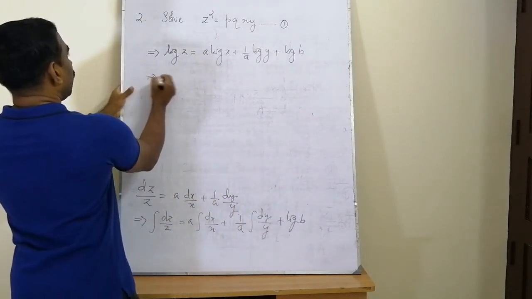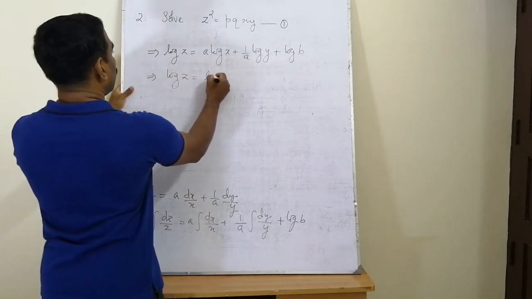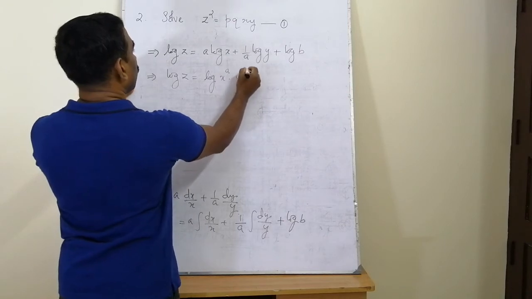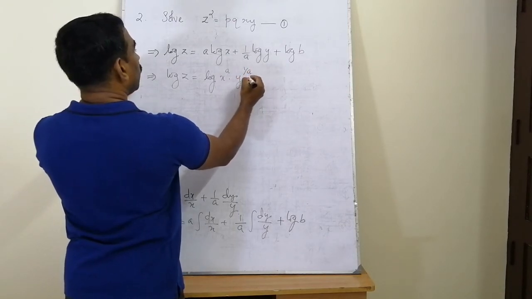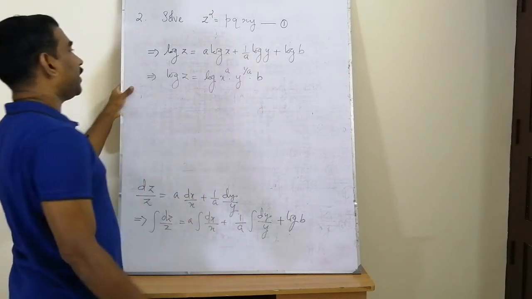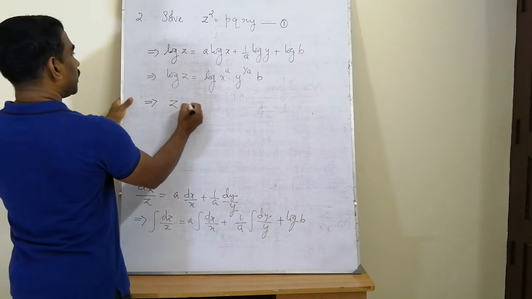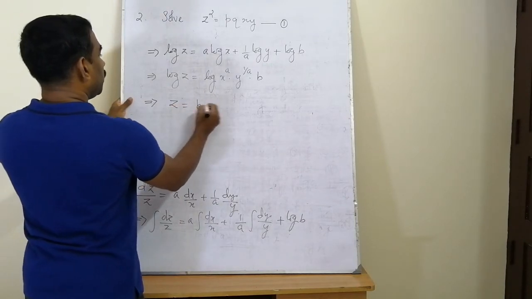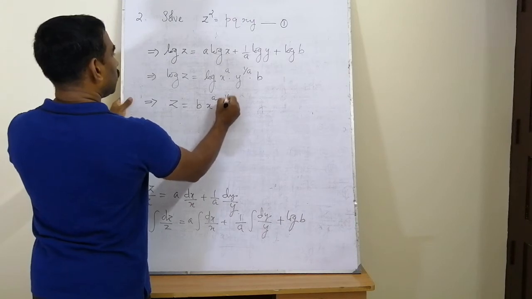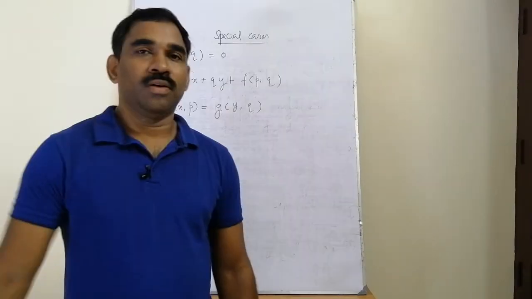Now applying the property of logarithm, log z is equal to log of x raised to a into y raised to 1 by a into b, because we are adding 3 logarithms. Now taking exponential powers, we get z is equal to b into x raised to a into y raised to 1 by a. So this is the complete integral.